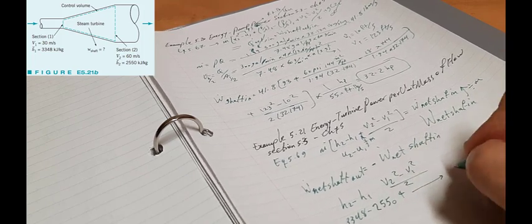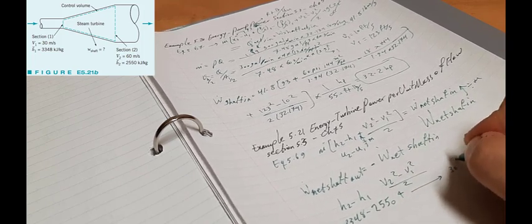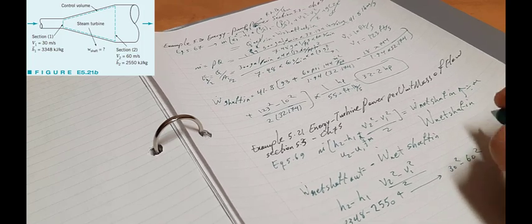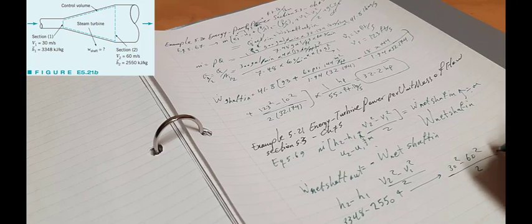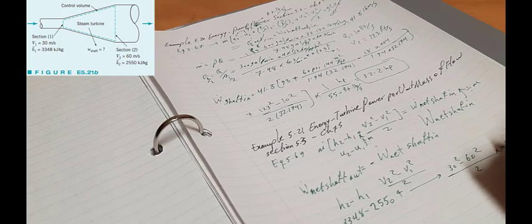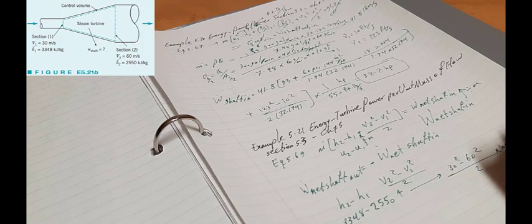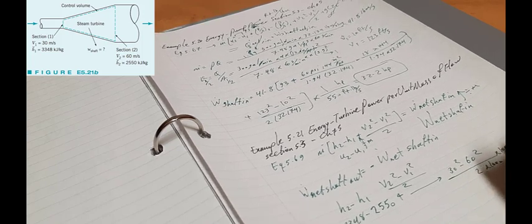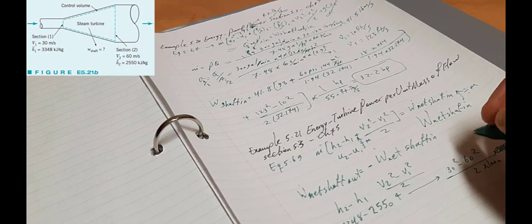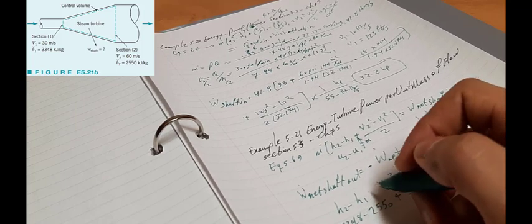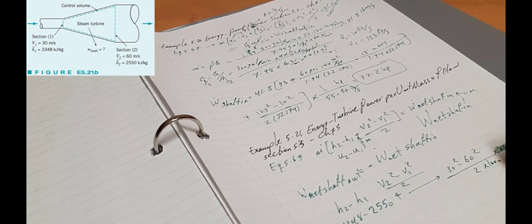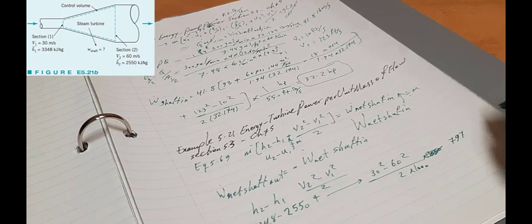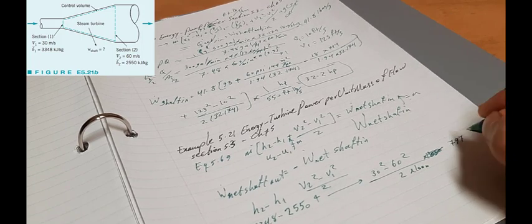This is going to be 30 to power 2, 60 to power 2 divided by 2, and it's going to be multiplied by the 1000 in order to get it converted here, excuse me. So doing the calculation, we have the W net of the shaft out as 797 kilojoule per kilogram.